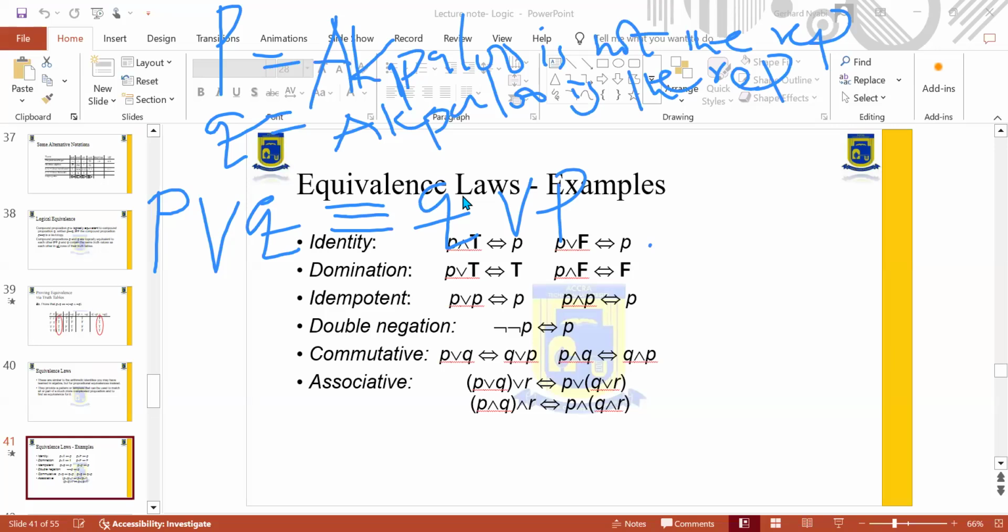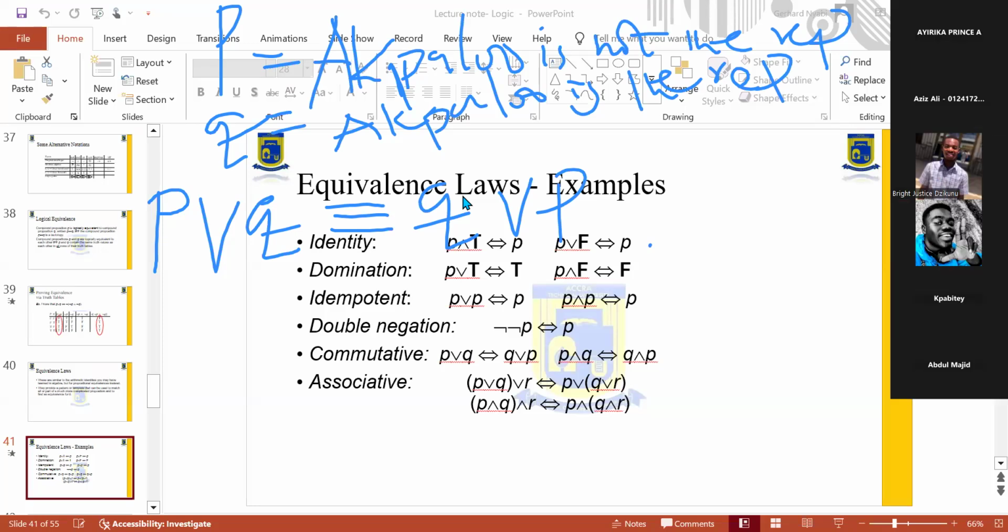For associative, it deals with what? Three statements. So they will give you the first statement, second statement, and the third statement.